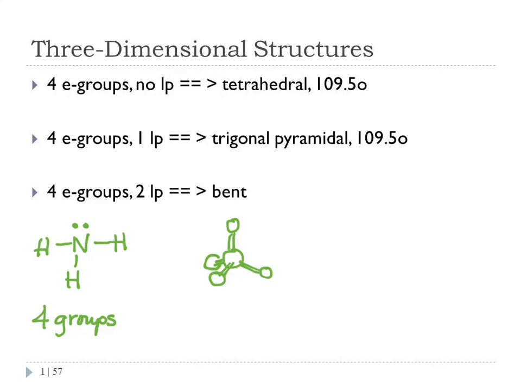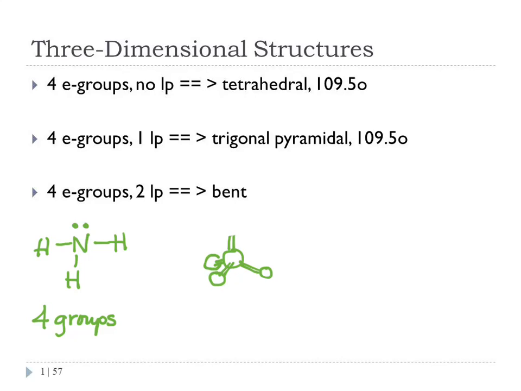Does that kind of look like a tetrahedron? So that's the shape of the electron groups, but this is a lone pair. The lone pair is not an atom. Electrons are teeny, teeny, tiny things, even compared to atoms.